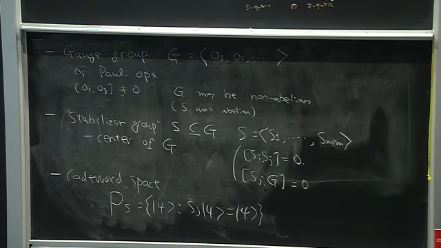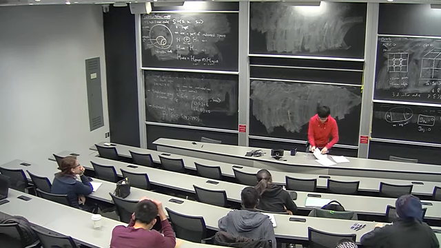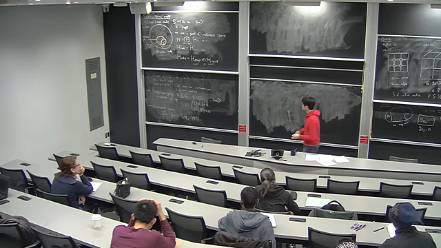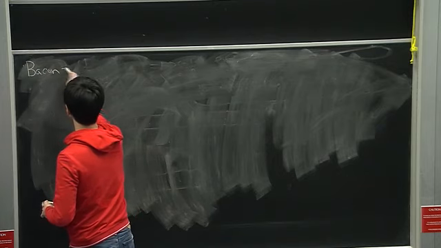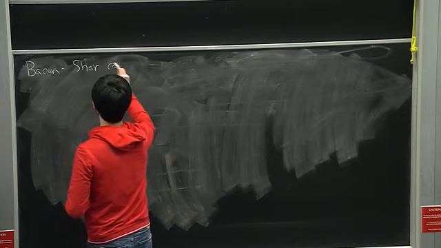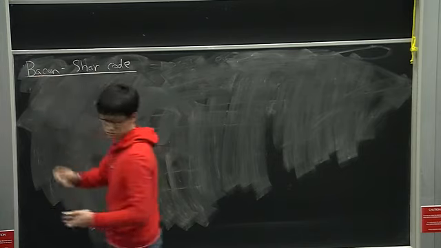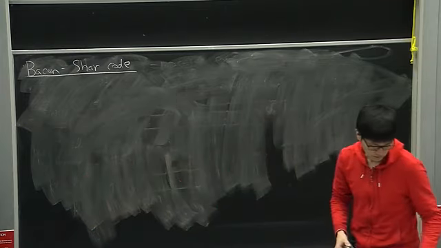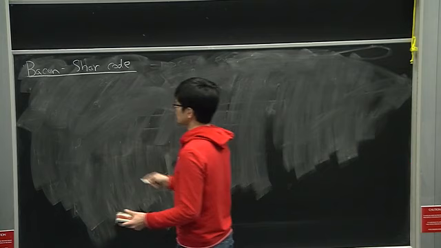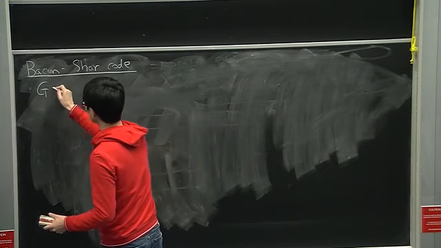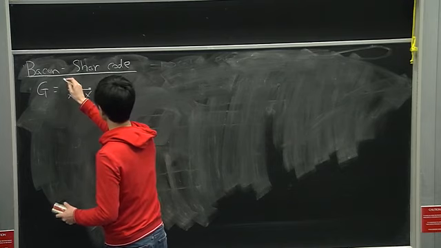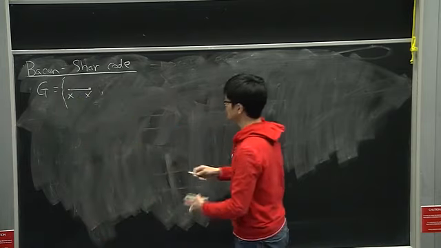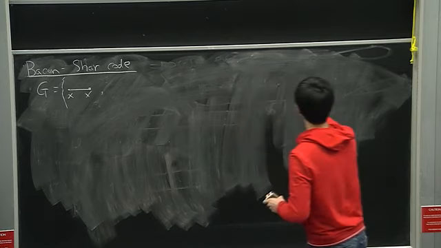Now, I think this is just too abstract, so let us look at an example before even proceeding. And this is something called Bacon-Shor code. And the Bacon-Shor code gauge group is generated by, I haven't defined the Hilbert space, which is bad.